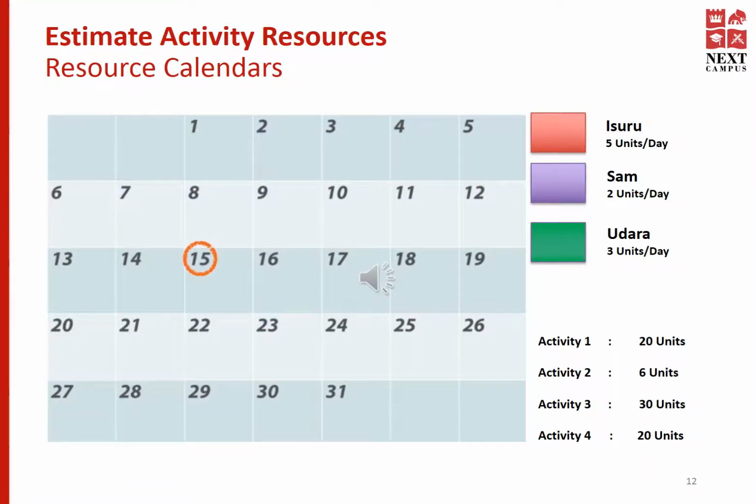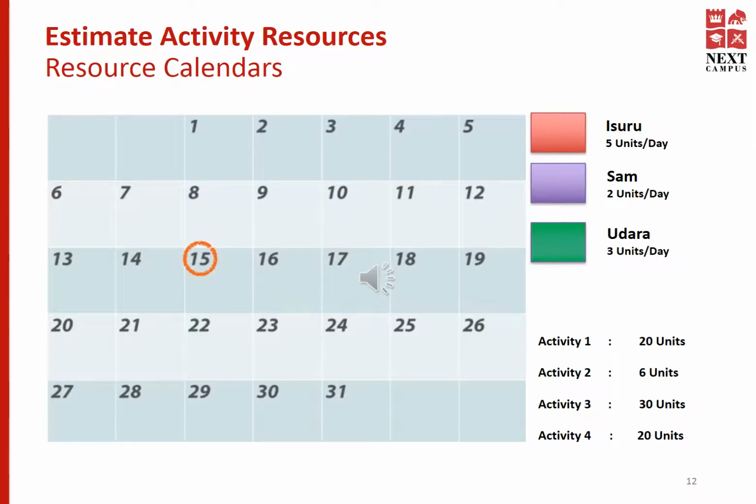Now let's have a look at an example of a resource calendar. In this example, we consider four activities to work on. However, we'll be demonstrating some of these activities in our resource calendar. There are three resources involved in this particular project: Isuru, Sam, and Udara.